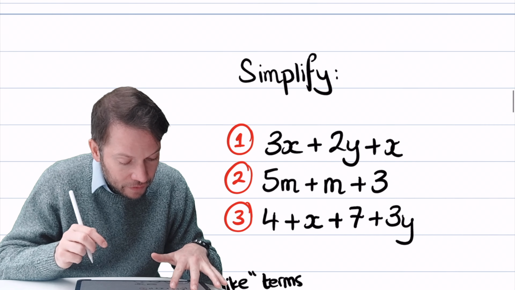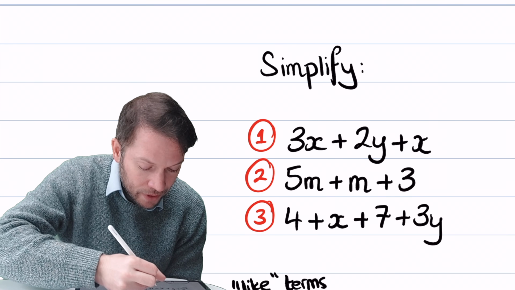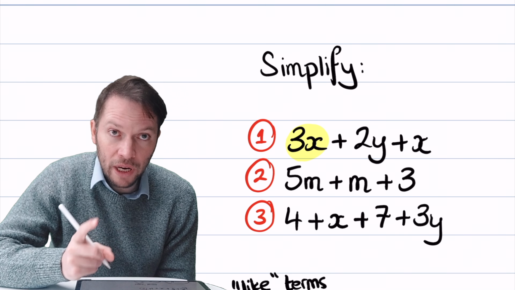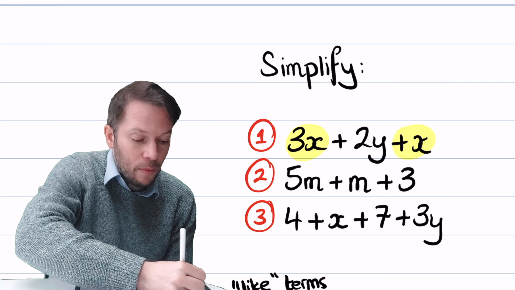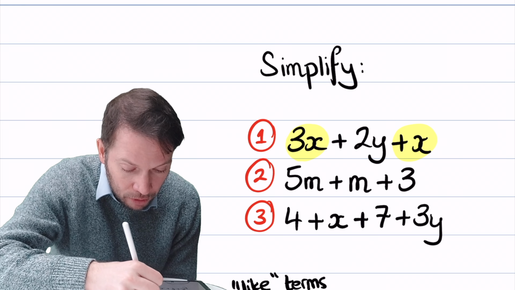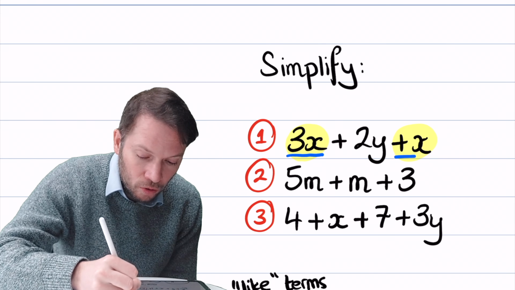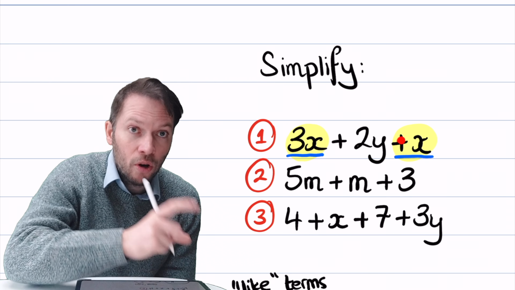So if we look at this first example, let's look for the like terms. So I'm going to highlight them. I've got 3x here. And what's the other like term? Well, I said it's going to involve the same variable. So we've got this plus x here. And when you highlight these, which you might want to do by underlining, make sure that you include the plus or the minus on the front of it.